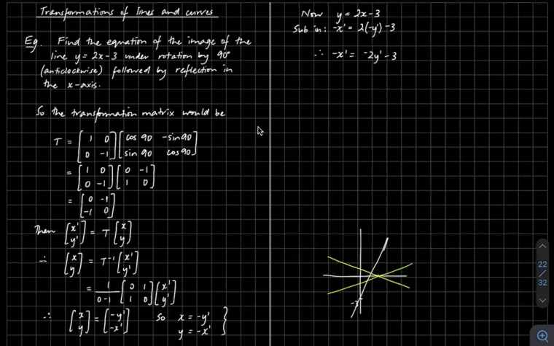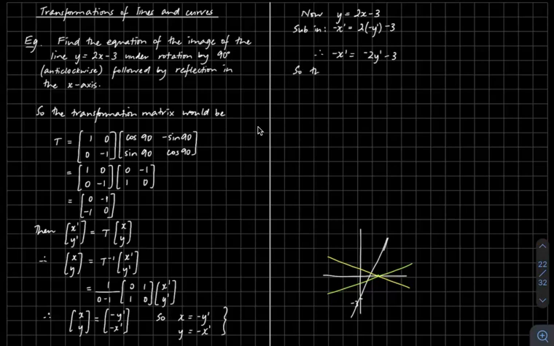Now that's an equation which relates x dash to y dash, which is really just an equation for the image, isn't it? An equation which relates the x and y coordinates of the image points is an equation for the image.